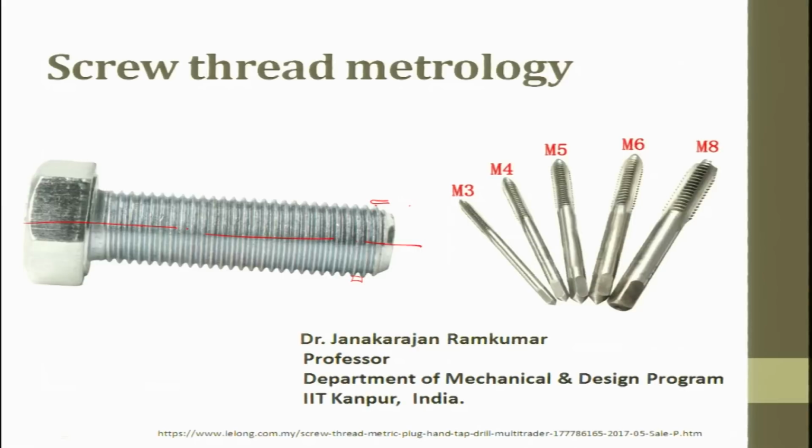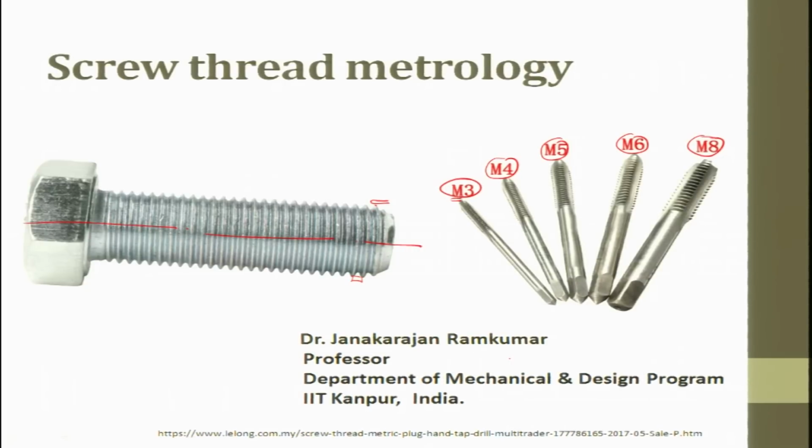Okay. And here you see that I have put different types of screw threads: M6, M4, M5, M8 and M3. These are taps basically, and this clearly tells me that these refer to some scale, and this scale is a standard scale. So, this gives me the freedom of interchangeability.